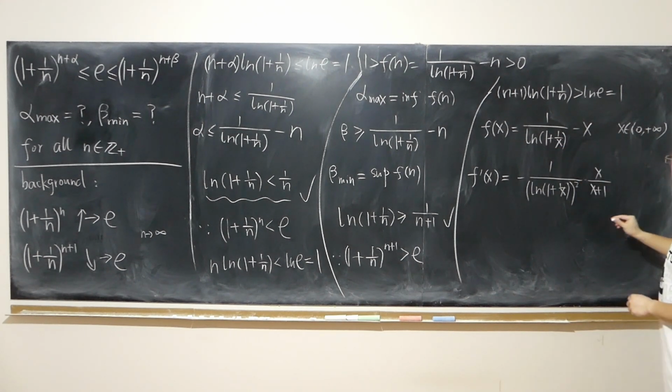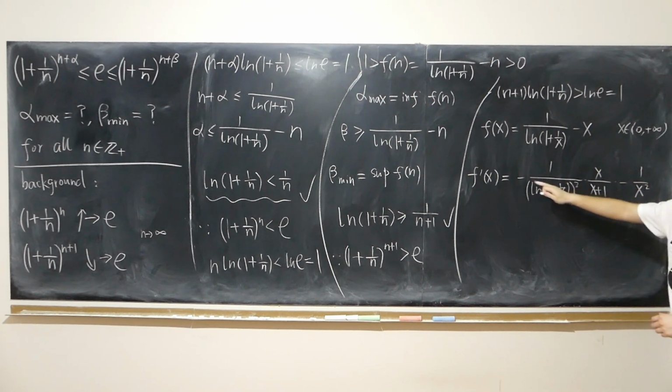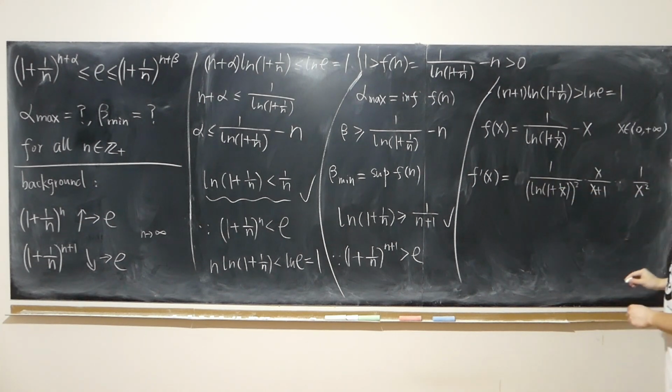1 will be gone, and so 1 over x becomes negative of 1 over x squared. But the negatives cancel out, right? And x squared and this x are gone. So again, minus becomes minus 1.